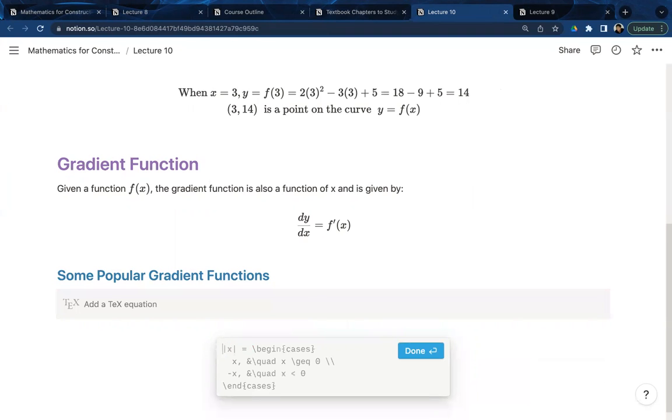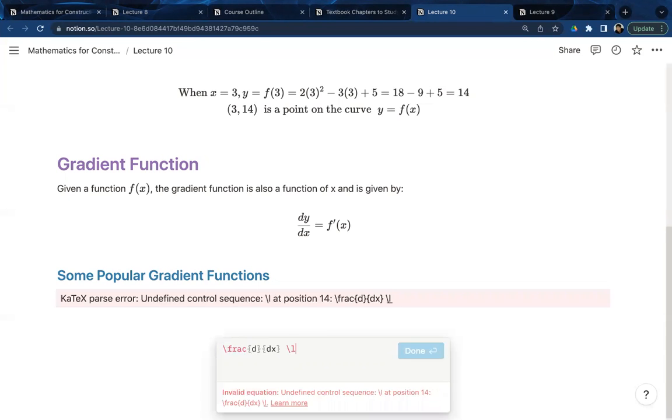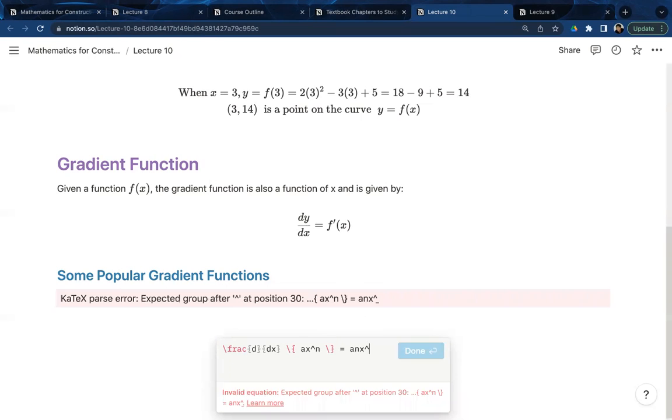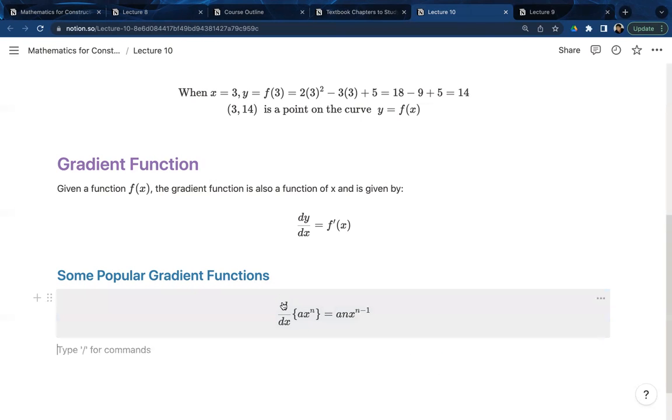But there's a different way to write it. So what is this d dx thing about here?